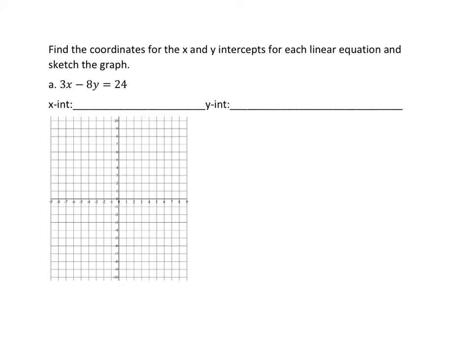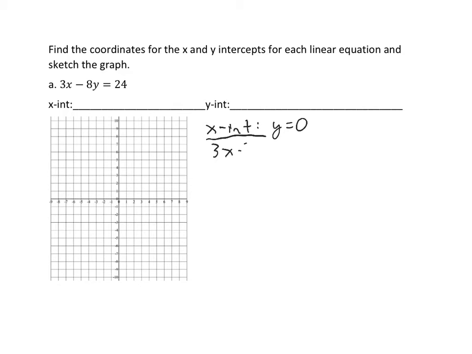So in that last example we showed it's very easy to graph once we have the intercepts. Likewise, the intercepts are actually a fairly easy thing to find. If we want to find the x-intercept, this occurs at y equals 0. So we want y to be 0.